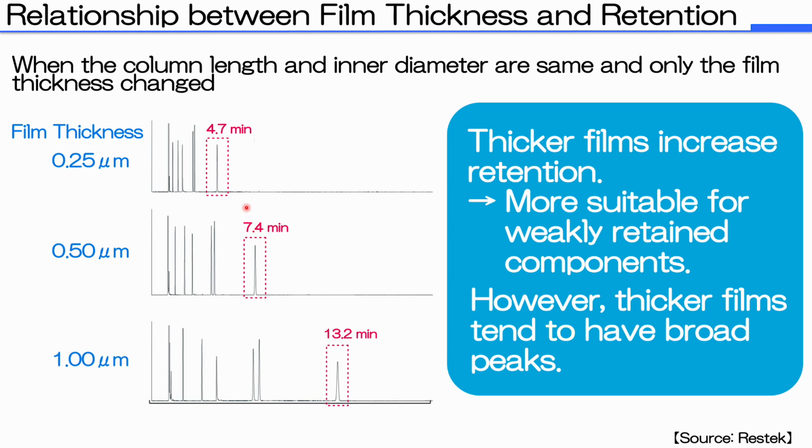So you can understand that film thickness can increase retention. Therefore, thicker films are more suitable for weakly retained components. However, thicker films tend to have broader peaks. So it is necessary to look at the balance between retention and the peak shape.